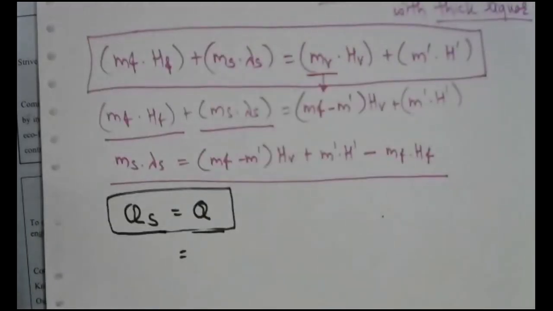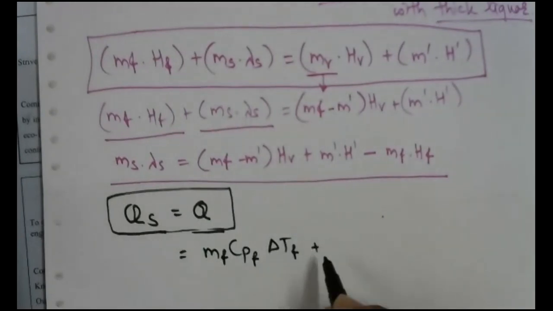So on the basis of this concept, we can write this Q as mCp delta T calculations, and this mCp delta T calculation is related to feed. That is why we should put suffix F. So F stands for feed.